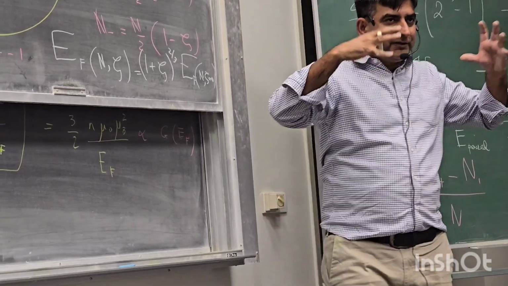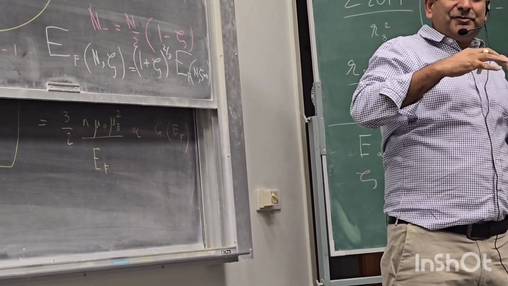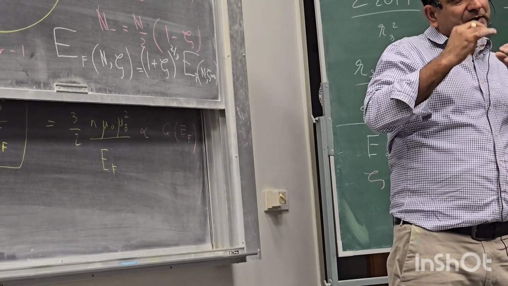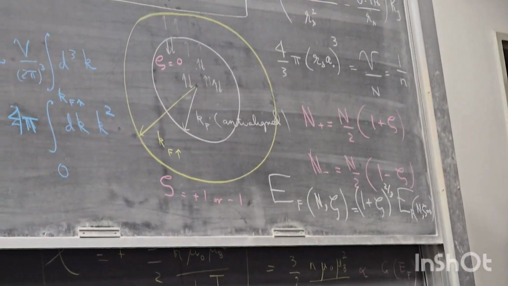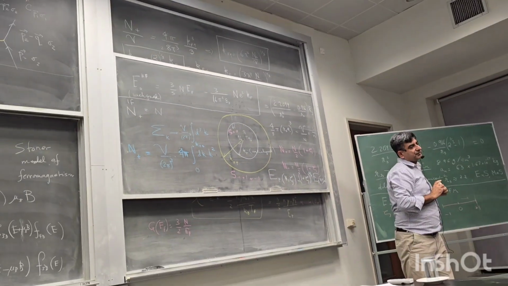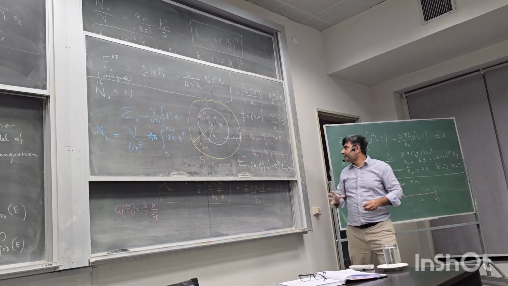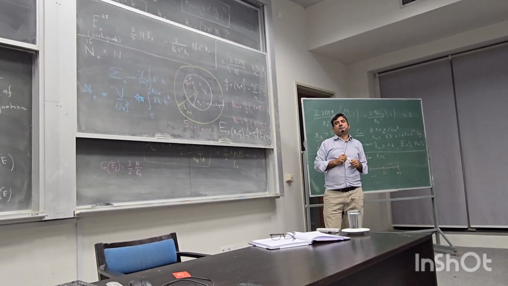You have these spins with a particular spin polarization. Some of them will pair up. How many will be paired? The minimum of the two. The rest will be unpaired, and they will cause the polarization. That will be the net spin polarization of the system. Accordingly, the Fermi energy will become bigger or smaller.